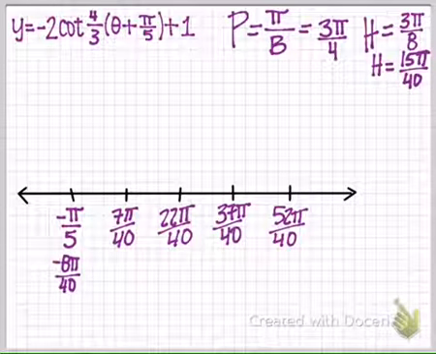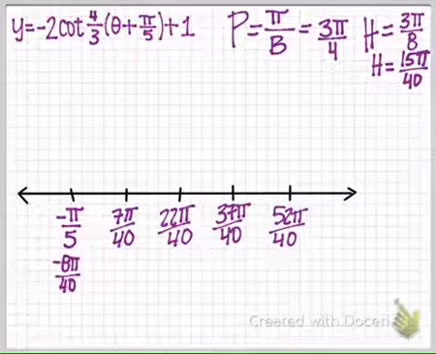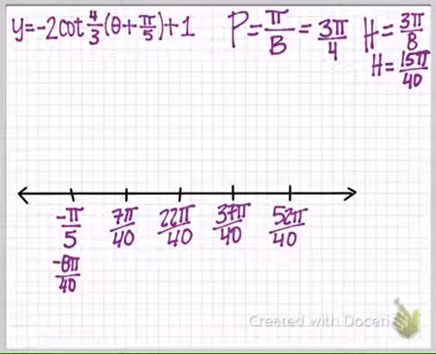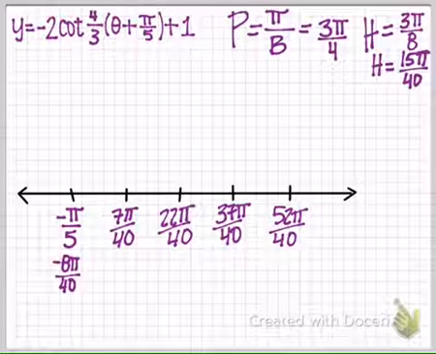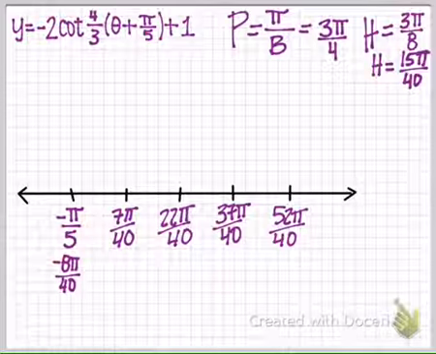All right, so far all we did was find the period. The period, like tangent, is going to be pi over b. So when we divide by 4/3, it's the same as multiplying by 3/4. So we get that the period is 3 pi over 4, which makes half a period 3 pi over 8, with a common denominator with the negative pi over 5 of 40.